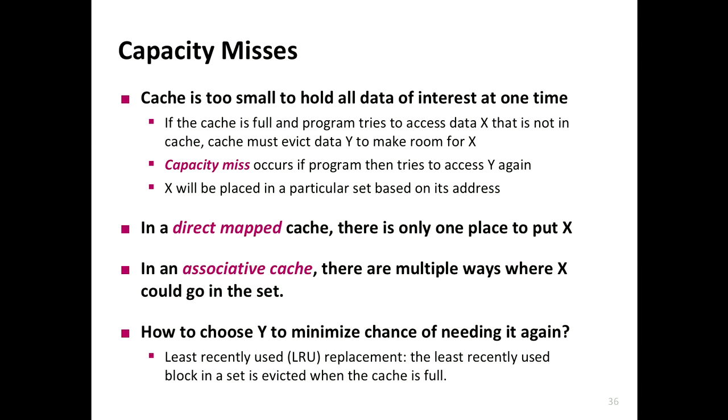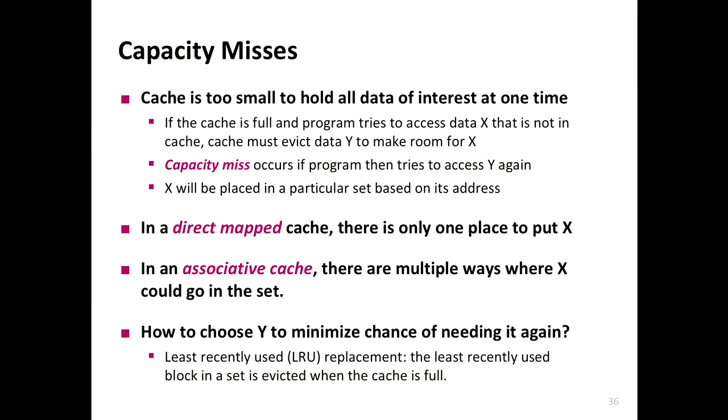One thing that we didn't cover is capacity misses. Caches are small in size, which means that whenever they are full, some data has to be evicted irrespective of the type of cache architecture. This is called a capacity miss, which means that that particular set is already full.